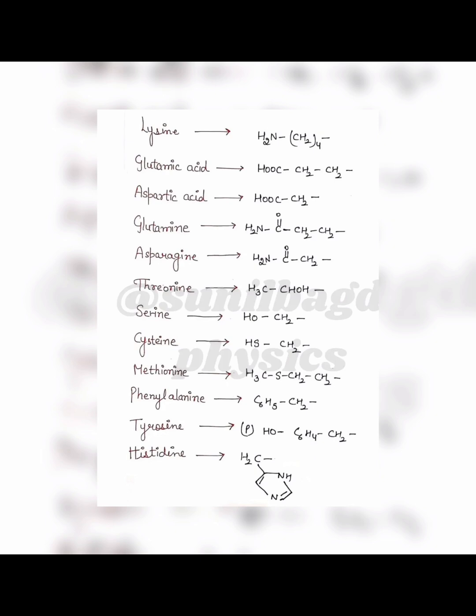Glutamic acid contains a carboxylic acid as the functional group in R, so COOH-CH2-CH2.